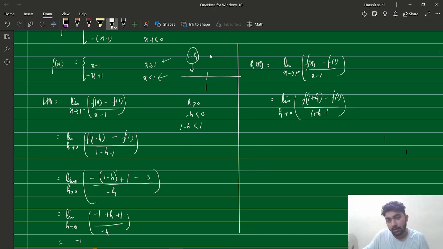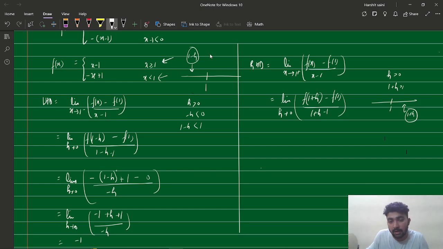Now here you can see that as h is a positive quantity, 1 plus h will be bigger than 1. It means, suppose 1 is here, then 1 plus h will lie on the right side of 1, so we need to find it by the second piece.